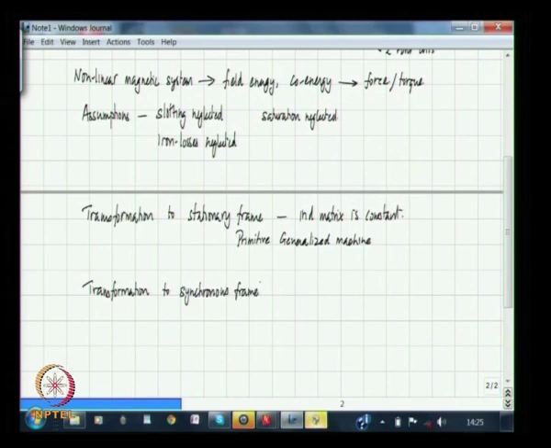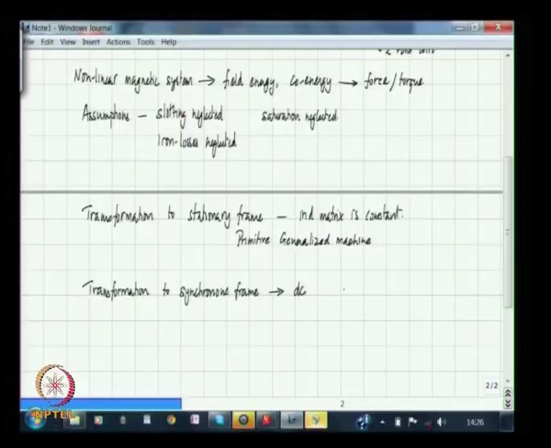Indeed, we moved to the arbitrary reference frame as an intermediate stage, and then said that the arbitrary reference frame can have any arbitrary speed, and that value of speed could perhaps be set to 0, or to synchronous speed, or to rotor speed, and therefore you can have a machine description where you can attach yourself to any particular member that you want.